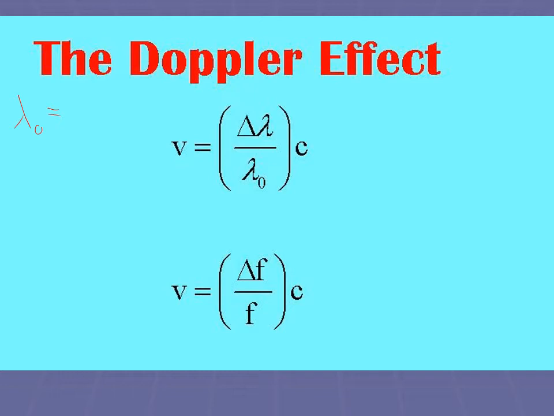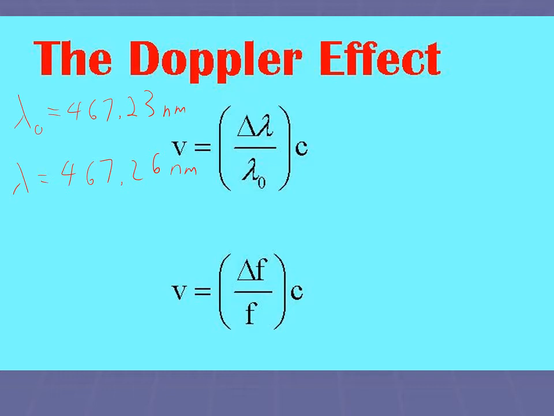And let's say that you know that spectral line is going to be equal to 467.23 nanometers, but you measure it to be a little bit different, 467.26 nanometers. So it's shifted a little bit, and you want to know how much did it shift.